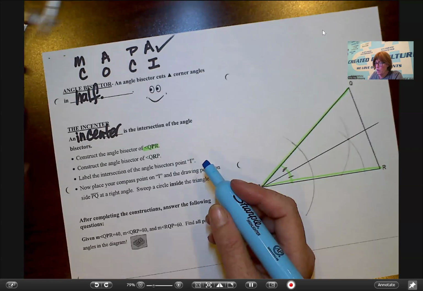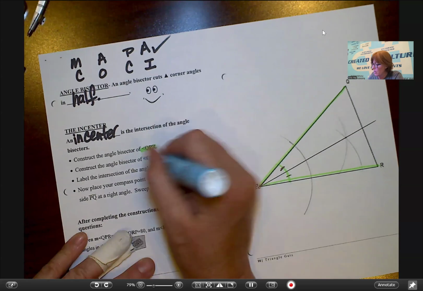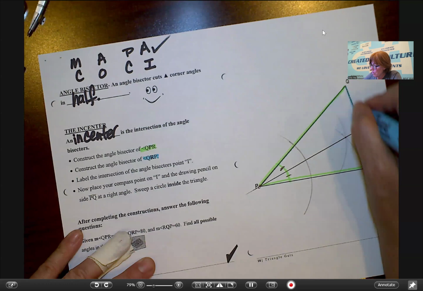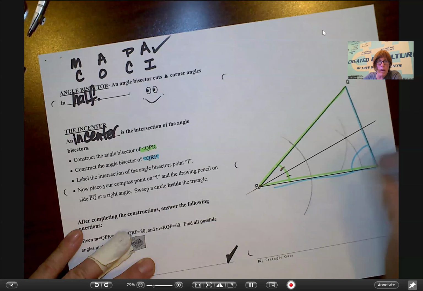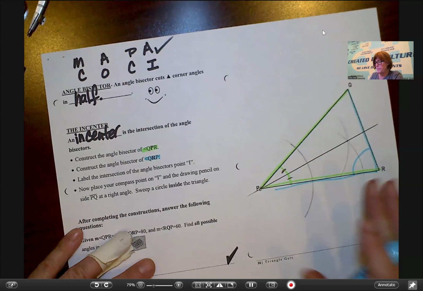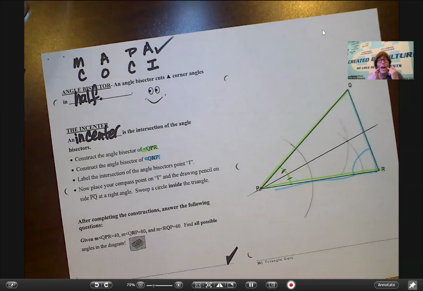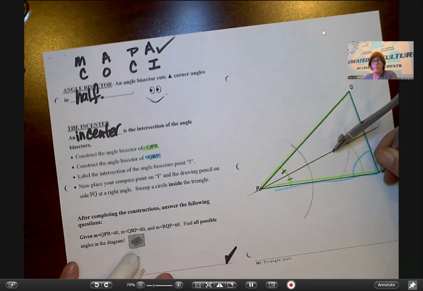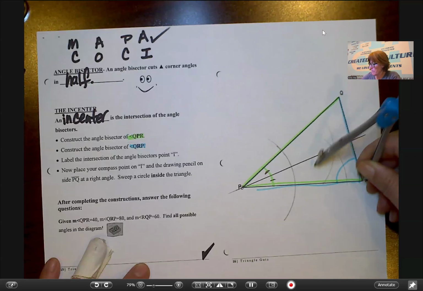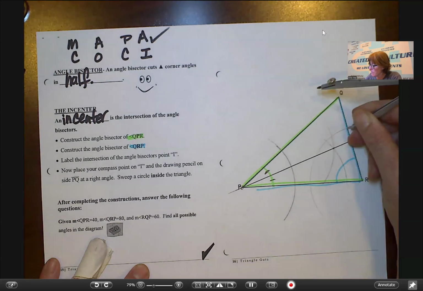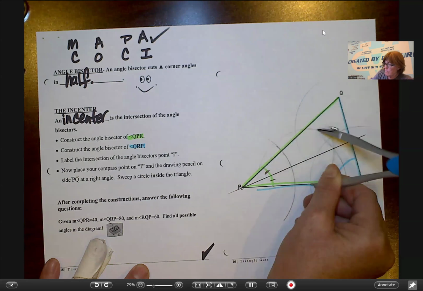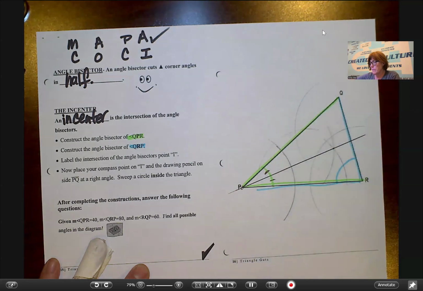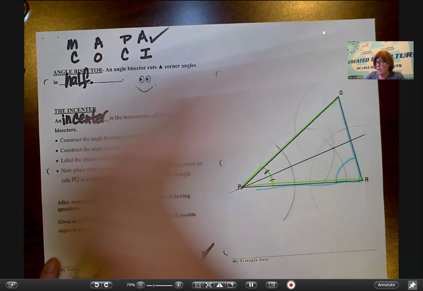Now we're going to do an angle bisector of QRP. So QRP, sweep. Oh, you never erase compass markings. Smiley, dimple, dimple. That's that method.